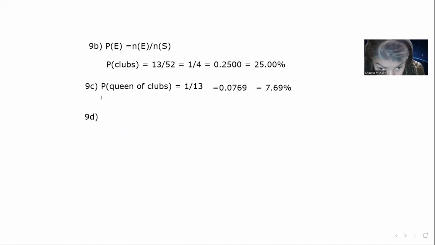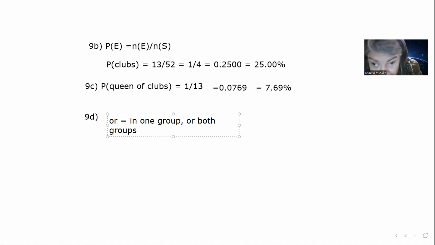When you see or, when it's related to probability, this means in one group. It can also apply to or both groups. Now, in this case, a 3 won't be an 8 and an 8 won't be a 3, but we can't always say that. Sometimes we have groups that overlap. This time we don't.